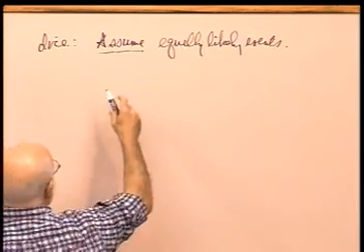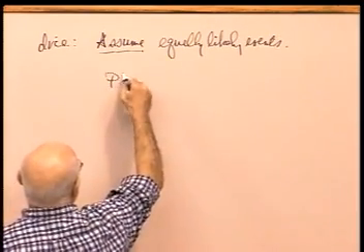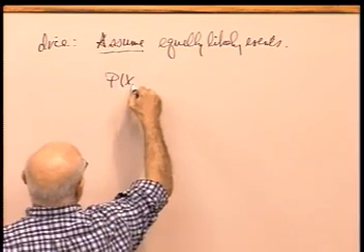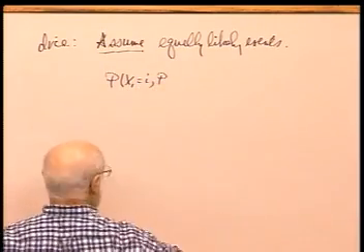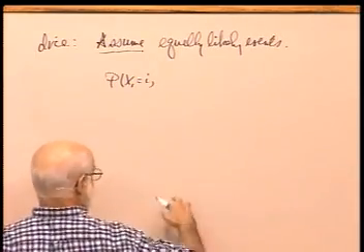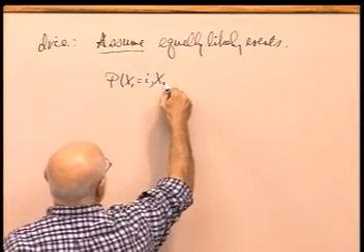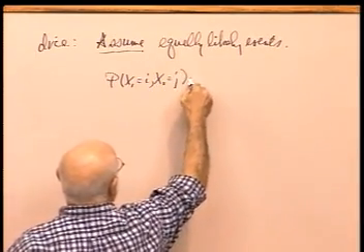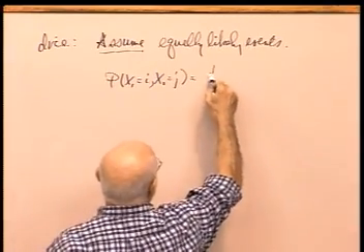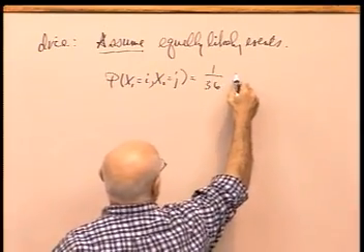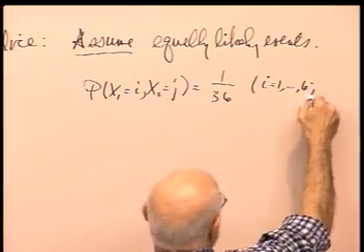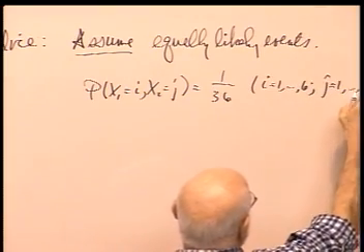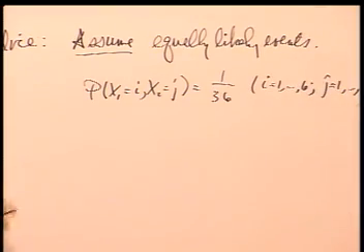I'm going to assume that the probability that x1 equals some value i and x2 equals some value j is equal to 1 over 36 for i equal 1 through 6 and j equal 1 through 6. Okay, that's my assumption.